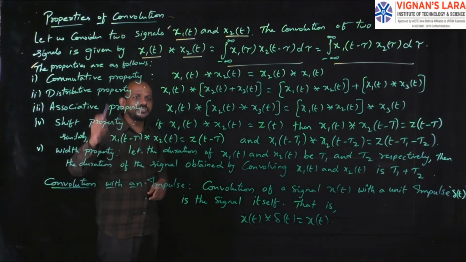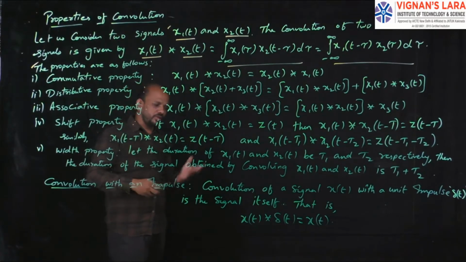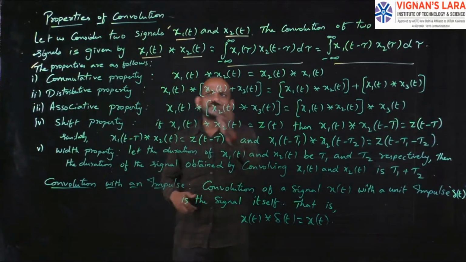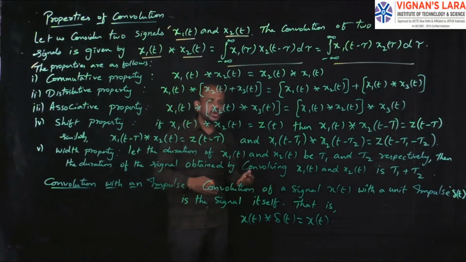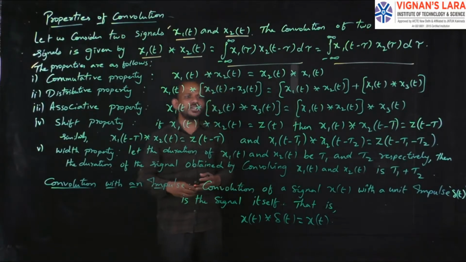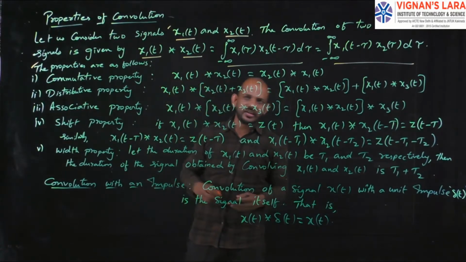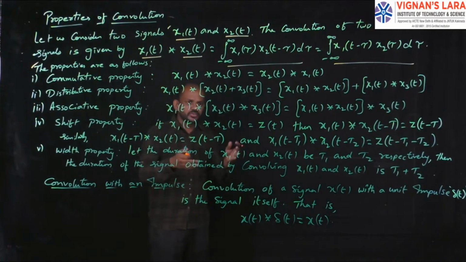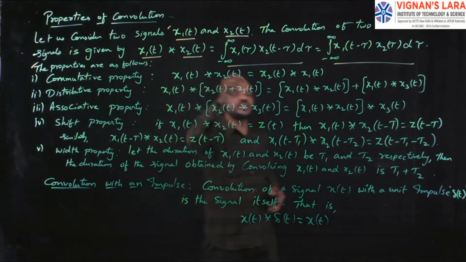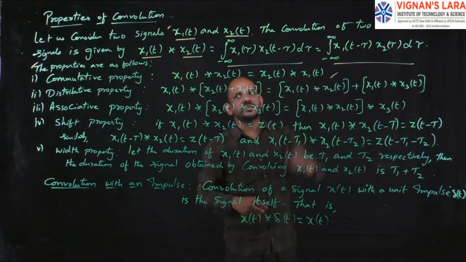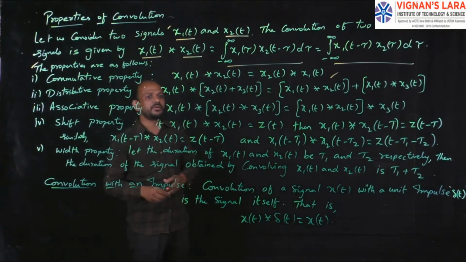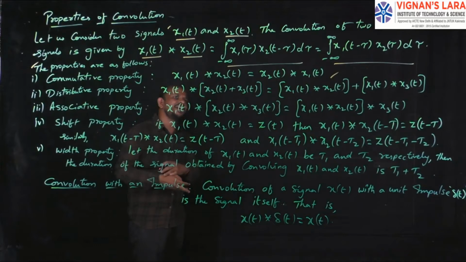The first property is the commutative property. x1 of t convolution x2 of t will be equal to x2 of t convolution x1 of t. The commutative property states that if there are two signals x1 of t and x2 of t, then x1 of t convolution x2 of t is equal to x2 of t convolution x1 of t.